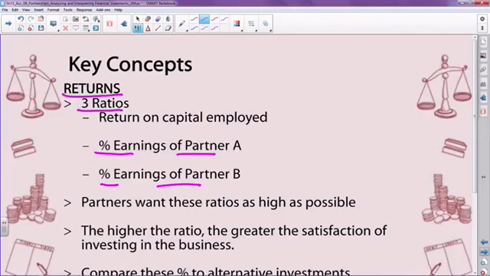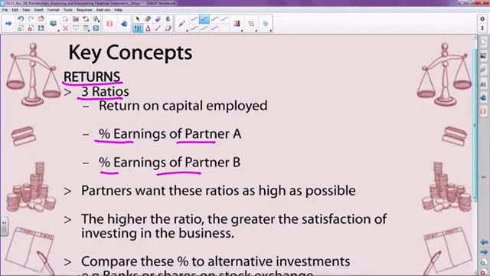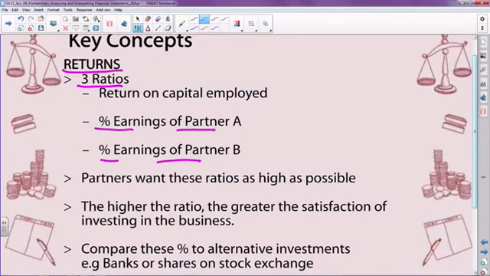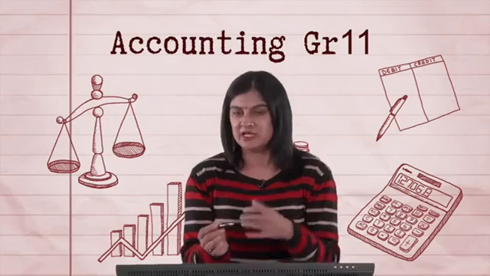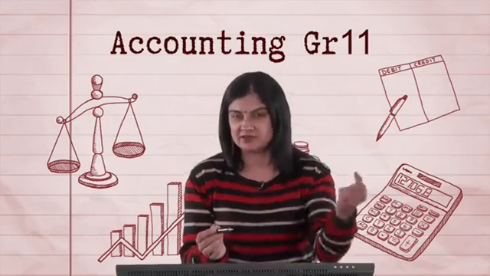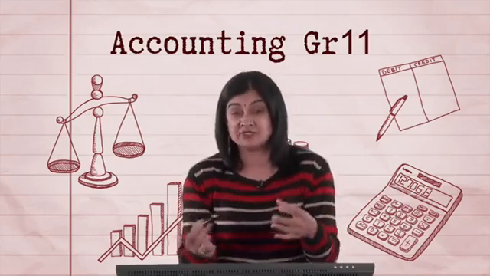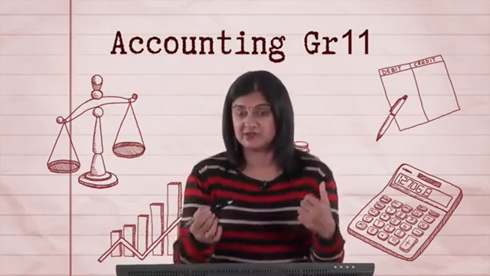Okay, very quickly, some points to remember when calculating these return ratios. Partners want these ratios to be as high as possible. Please remember that. Your partner wants this to be as high as possible, because if I'm investing my capital, the return must be high, because it's a high risk opening up a business, so the return is expected to be much higher.